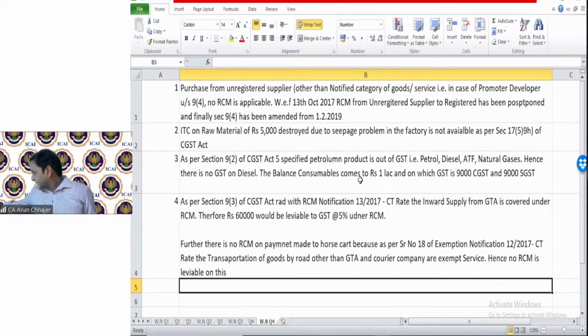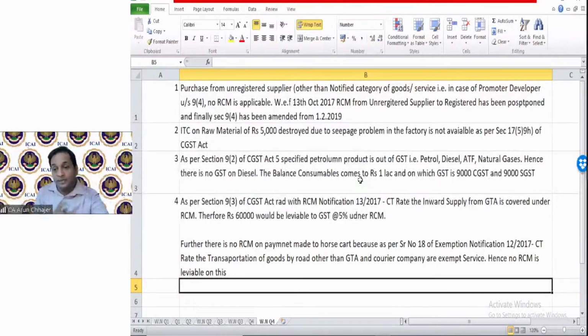Sriram is saying RCM is applicable on the GTA. Absolutely correct. RCM not applicable on the transportation cost incurred other than by way of the motor vehicle. That is not correct. So if you use the words other than motor vehicle, let's say you have hired one auto wala, and he is delivering the goods as per your instruction to your customer, and let's say he's charging 30,000. You have given the goods to the auto wala and it is delivered to your customer.